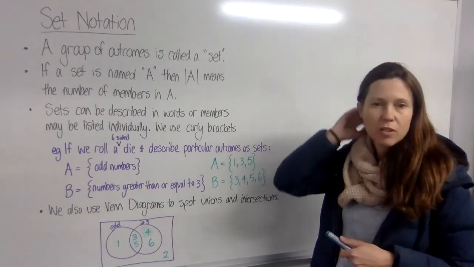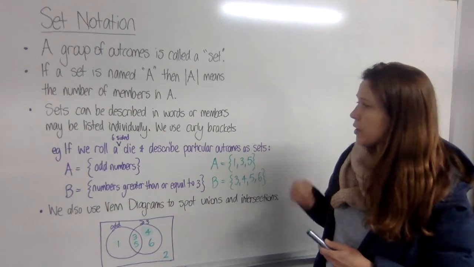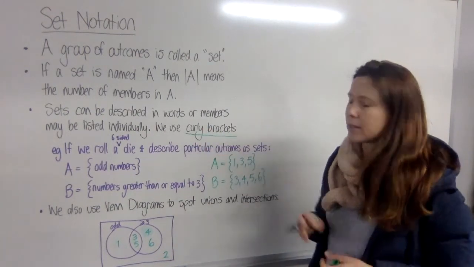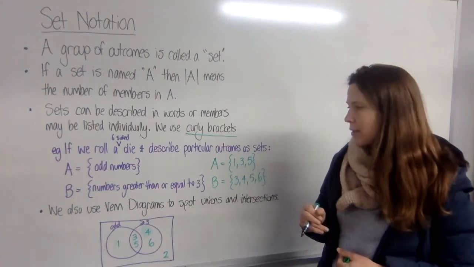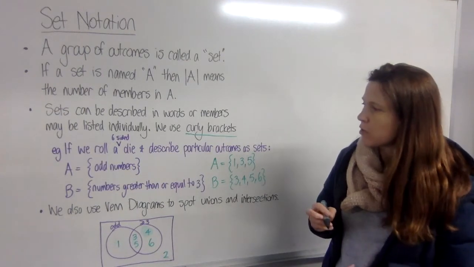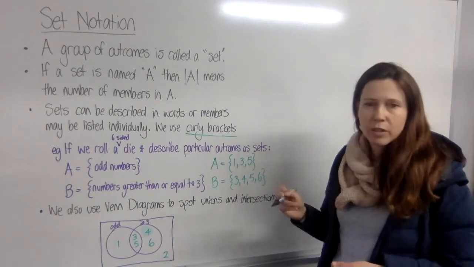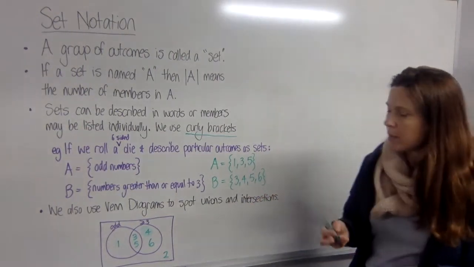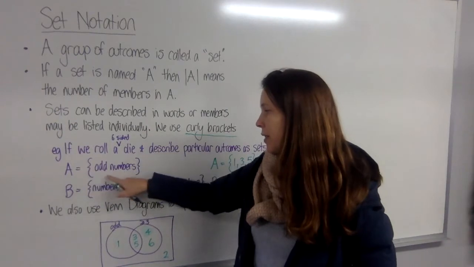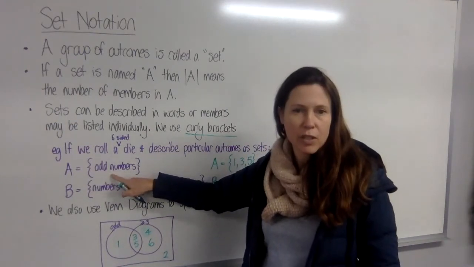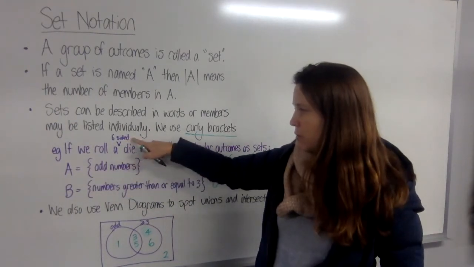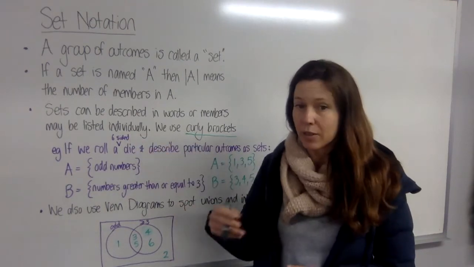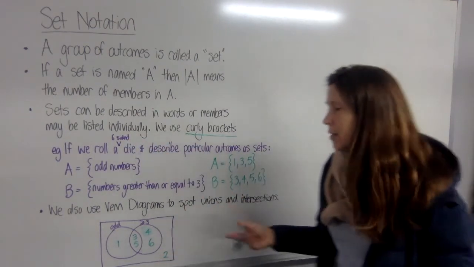Now, sets can be described using words, or you can list the members individually, but we use curly brackets in general when we're denoting what's in the set. So here's an example. If we roll a 6-sided die and we wanted to describe some particular outcomes that we might be interested in, we could describe them as sets. For example, if we had the set of odd numbers, we could just say the odd numbers, as long as we've reasoned that we're rolling a 6-sided die and our audience knows that the numbers on the die might be 1, 2, 3, 4, 5 and 6.